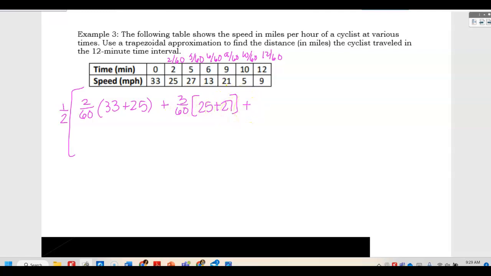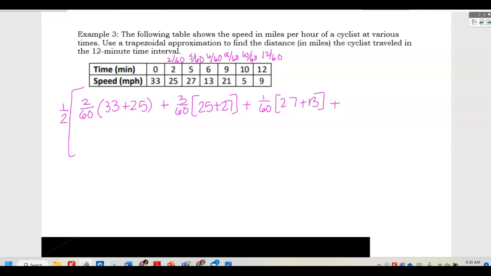Plus 5 to 6, which is 1/60th. 27 plus 13. Honestly, I think this is a non-calculator question.